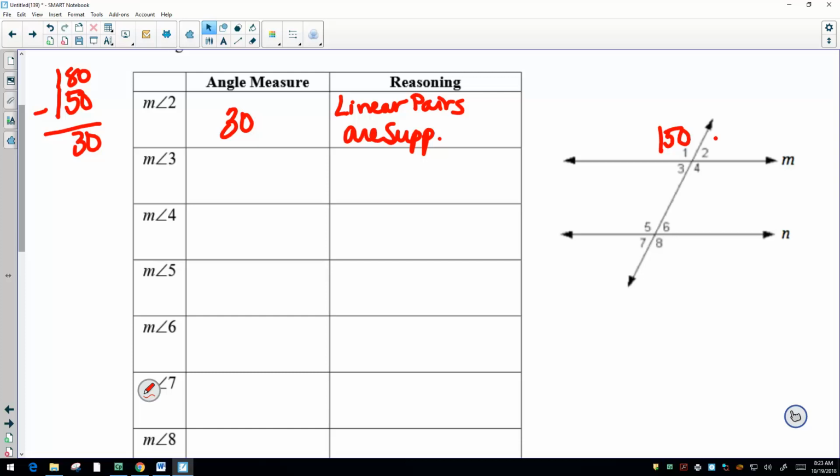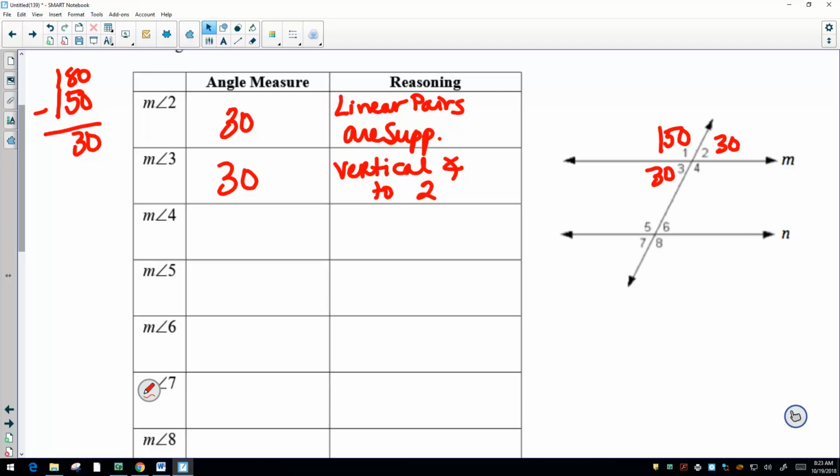If I look at now angle 3, well, angle 2 and angle 3 are vertical angles, so I know from the front vertical angles are congruent. So I'm just going to make a note over here, vertical angle to 2. Okay, so now angle 4, I could do this a couple of ways.